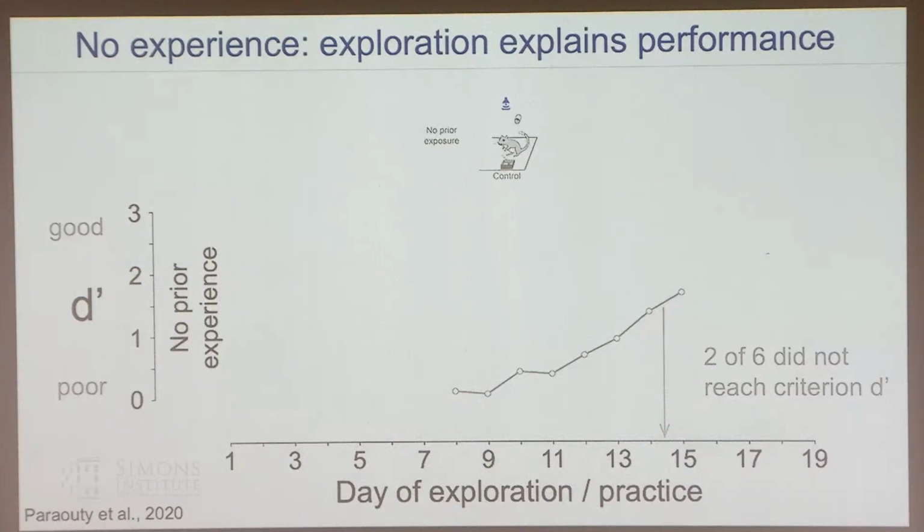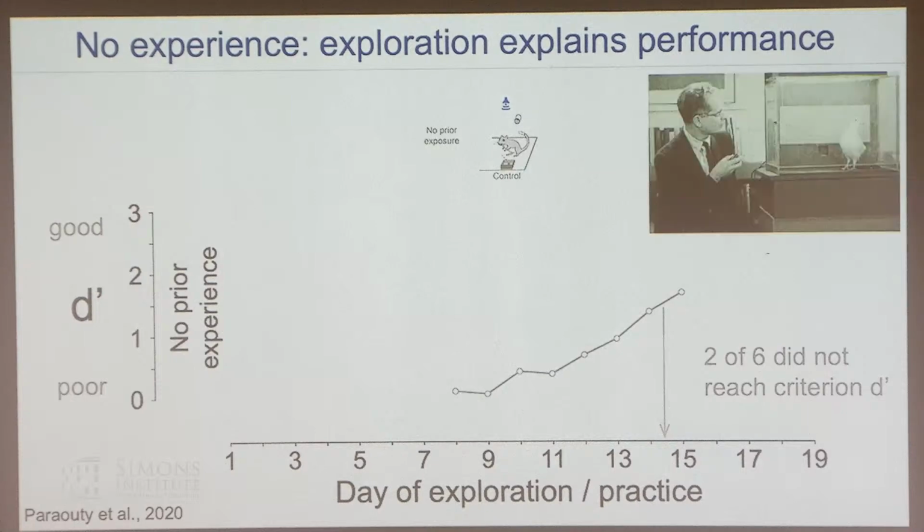Four of the animals that we tested did. That's their average. Two of the six animals didn't reach our criterion d prime, so they're fails at the end of that period of time. But that means that animals figure it out for themselves. We've known that for decades, right? Animals that explore can find things.